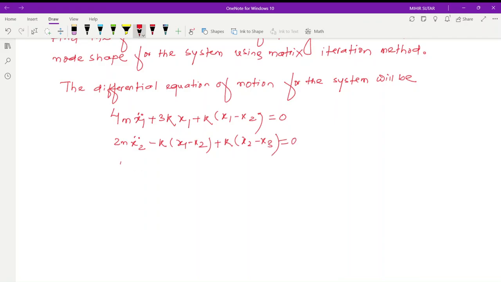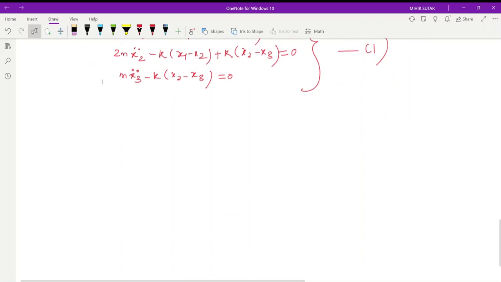Then we'll have m x3 double dot, okay, minus k of x2 minus x3 is equal to 0. ये कहाँ से आया हम लोग का? जो पहला इक्वेशन है, it will be let's say 4m x1 double dot is equal to minus 3k x1. अब आप समझ सकते हैं, जिसका बेसिक नॉलेज होगा they can find out this equation. So I am not elaborating. Let's say this is our first set of equation.